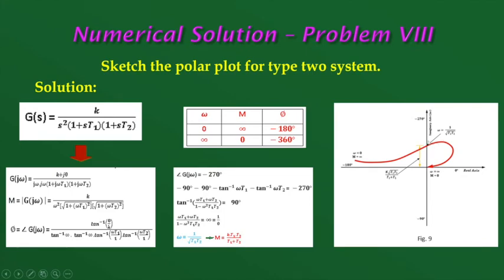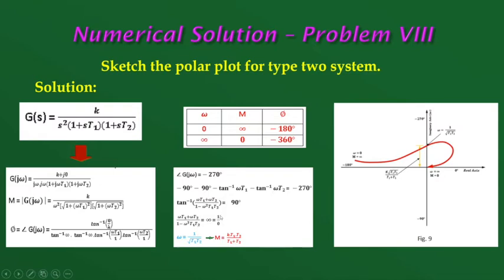Then find the crossing point at the imaginary axis. At this axis, what is the angle? Minus 270, because this is the clockwise movement. Then write down this equation of phase angle: minus 90, minus 90, minus tan inverse omega t1, minus tan inverse omega t2 is equal to minus 270. So taking the tan inverse formula, this is equal to 90.